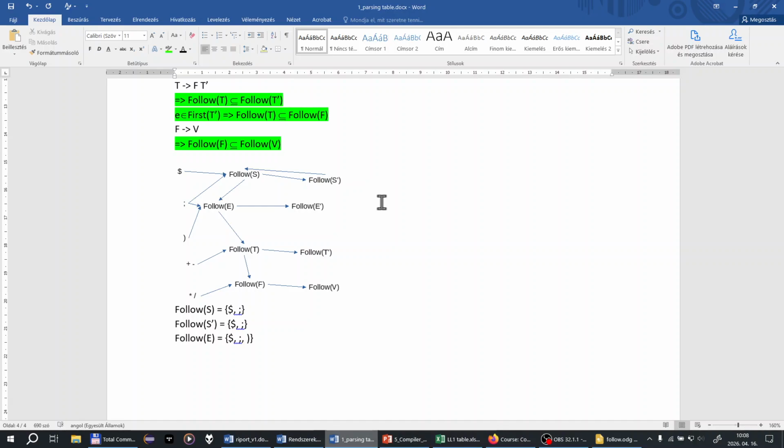Okay, T is the same, but also containing plus and minus.